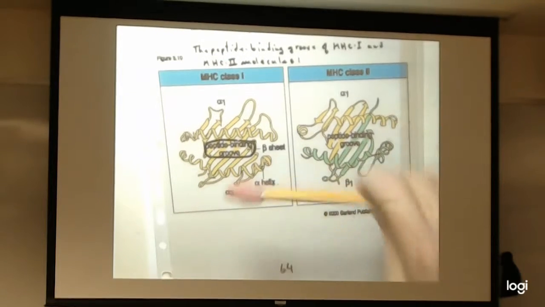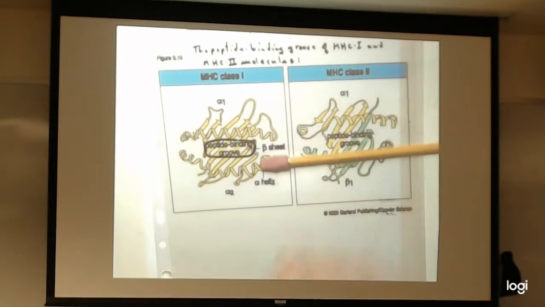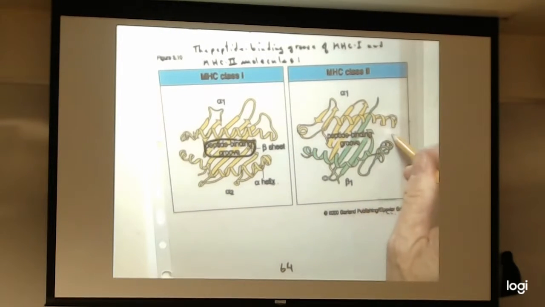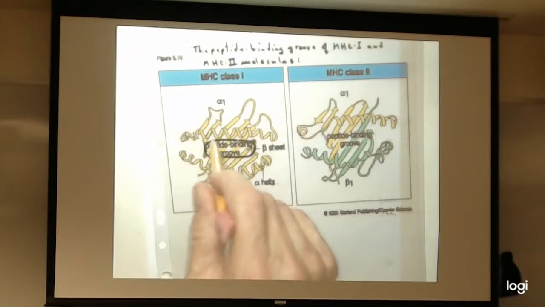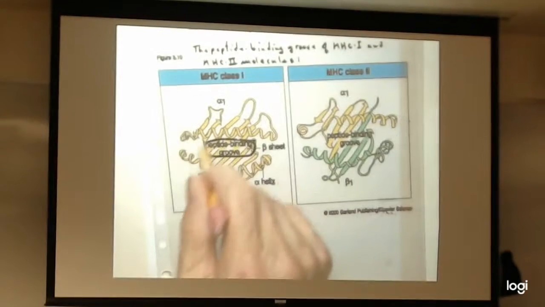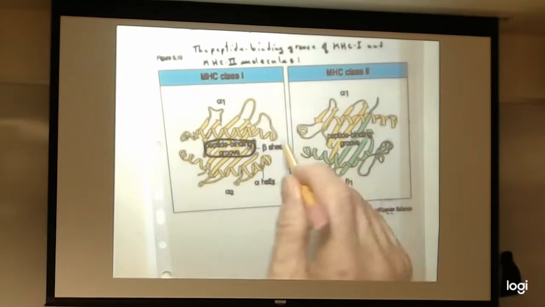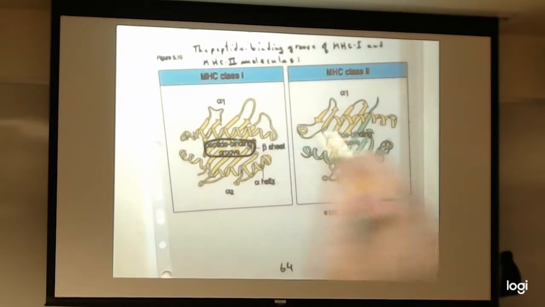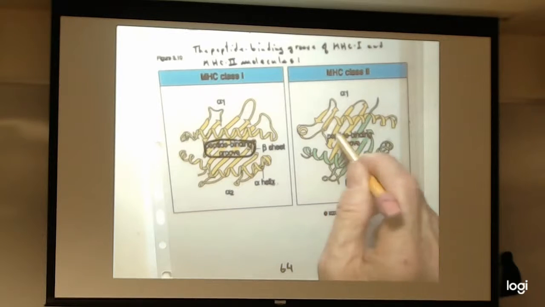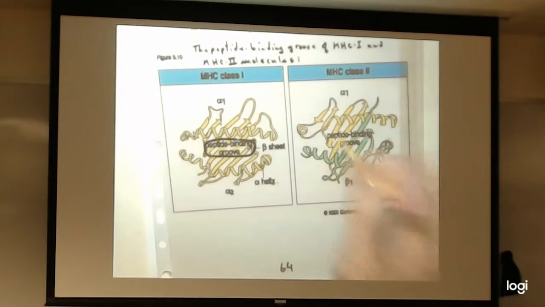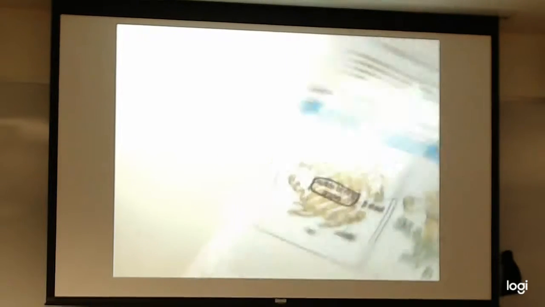So you can have long peptides that sit here and then drape over or leave it free at either end of the valley. So we have peptides of fixed length that can fit in the peptide binding groove of class 1, but we have peptides of a wide variety of lengths that can be presented by a class 2 MHC molecule. And I have a picture of that too.